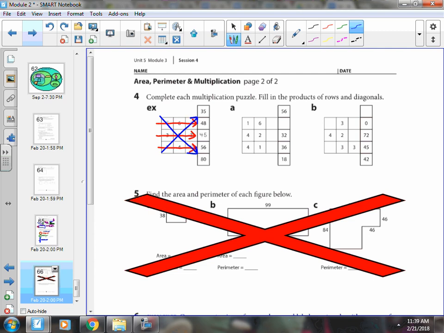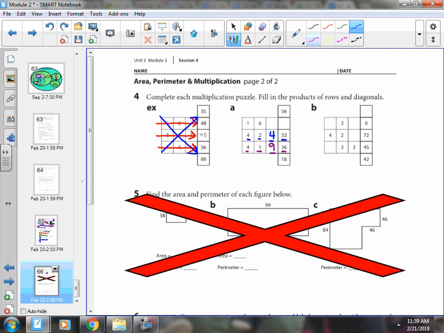Okay, I think I'm going to start maybe down here. 4 times 1 is 4. And I know that 4 times 9 will give me 36. The one right above it, 4 times 2 is 8. And 8 times 4 is 32.